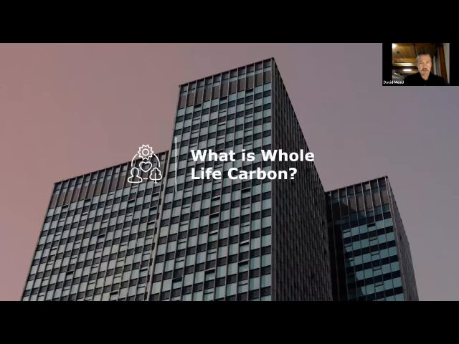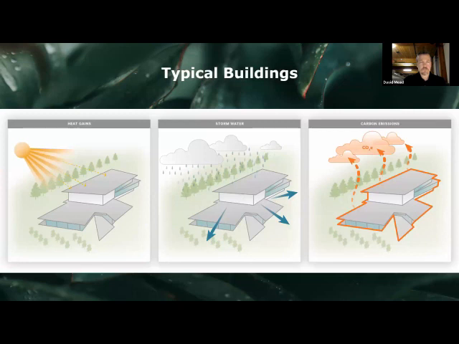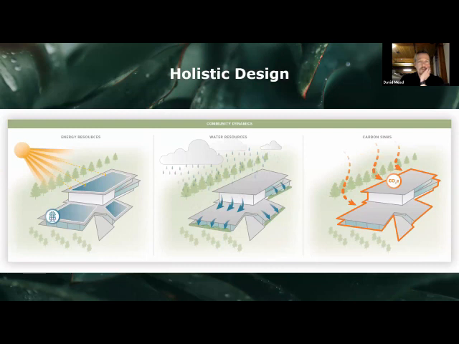So what is whole life carbon? Right now, typical buildings will look at heat gains as a negative, stormwater as a negative, and carbon emissions as a negative. And when you start looking at metrics holistically, the goal is to start looking at these items as resources, and how you make the most of those natural resources that are on a site.